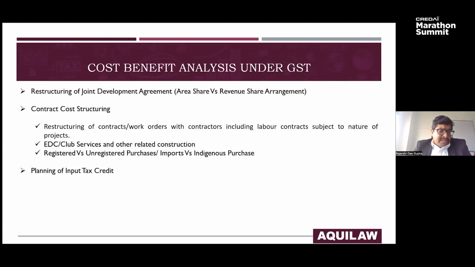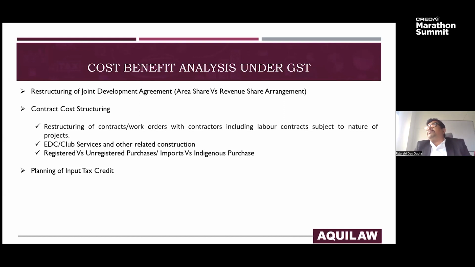Now, another point is lots of people know that we are still allowed a 20% procurement from unregistered dealers, which means 20% of my procurement of my entire value, if I can properly plan, is without GST.